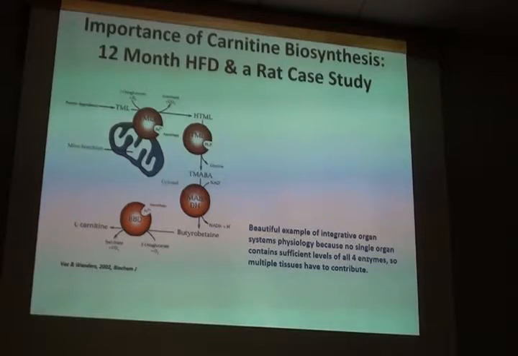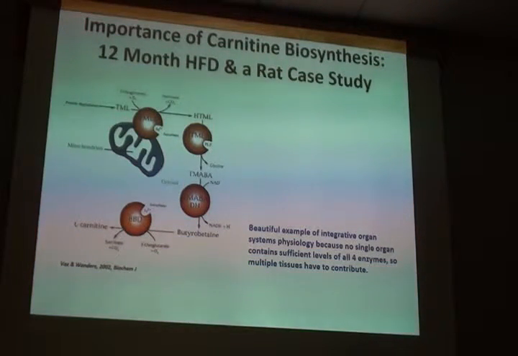So I mentioned carnitine biosynthesis, which is critically important for people that are consuming a vegetarian diet. It's a pretty simple process. There are really only 4 enzymes that are described to be involved. One is within the mitochondria, and the other 3 are cytosolic. I think carnitine biosynthesis is one of the most beautiful examples of integrative, coordinated organ systems physiology, because no one organ system has all 4 enzymes in sufficient quantities to make the carnitine you need.